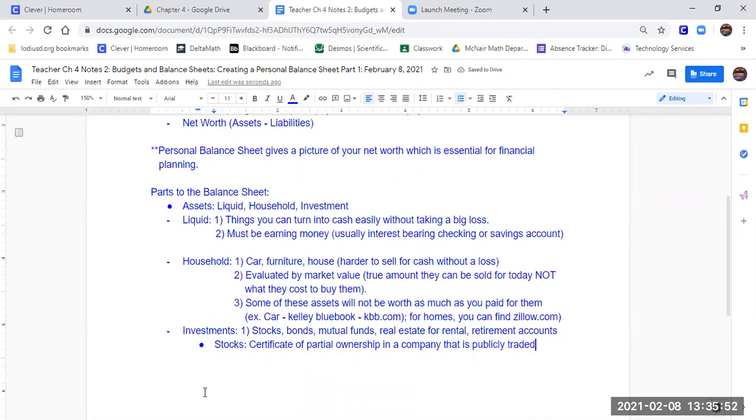Now, publicly traded means that it's either on the stock exchange, or what they call NASDAQ. They have to be publicly traded though. And those are the ones you hear about on the news. There are websites you can go watch and monitor that'll let you buy and sell these stock certificates that at any given moment stand for a percentage of ownership in a company.